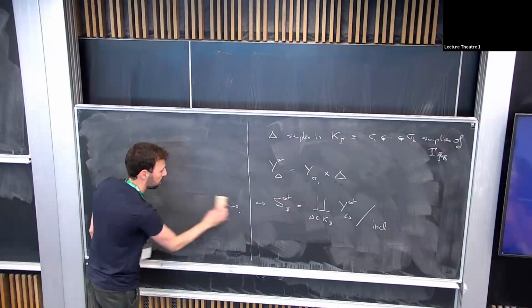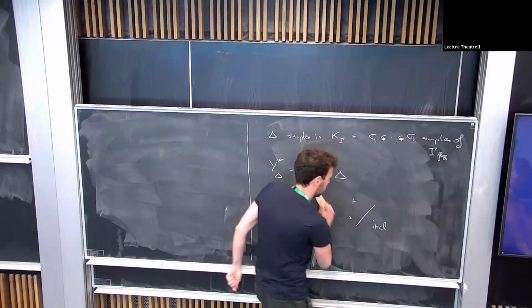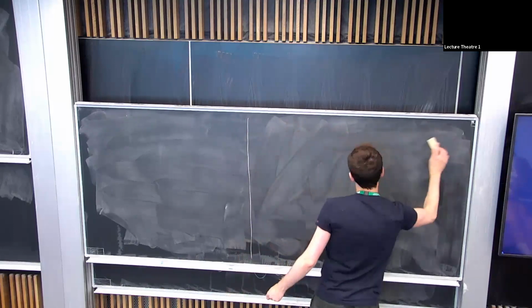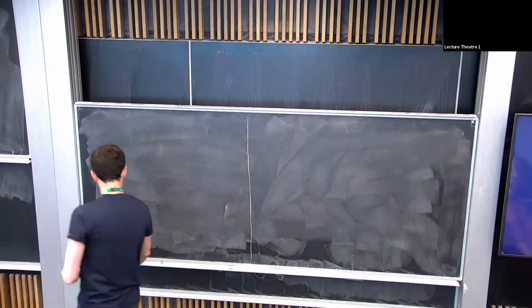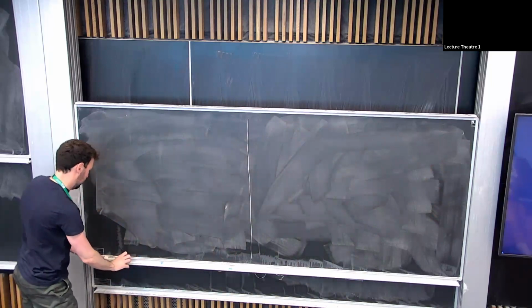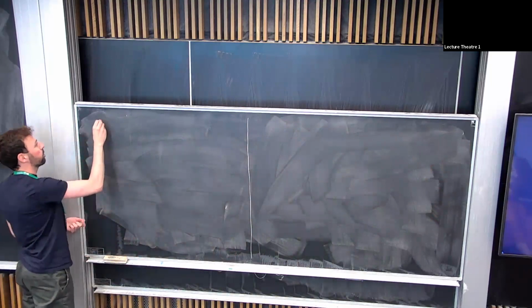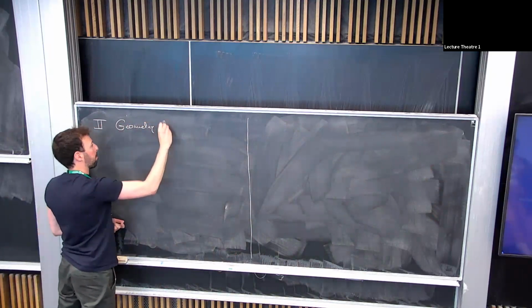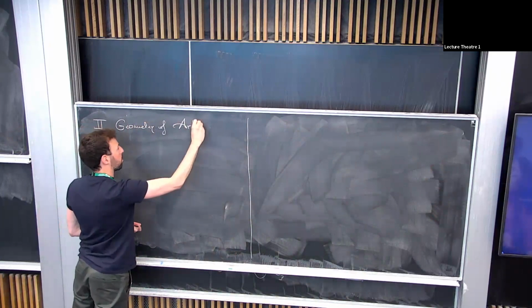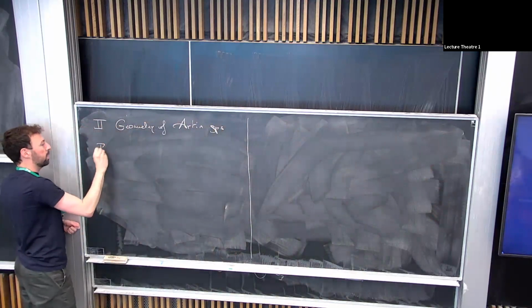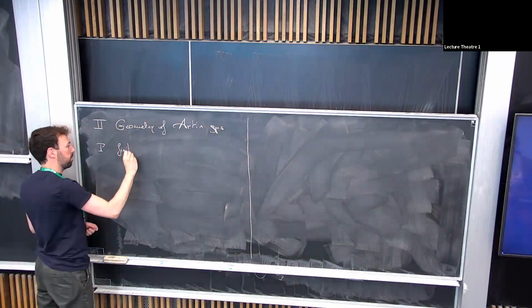Maybe I should recall briefly the definition of an Artin group, the corresponding Coxeter group. I'm going to start with gamma, a finite simplicial graph.